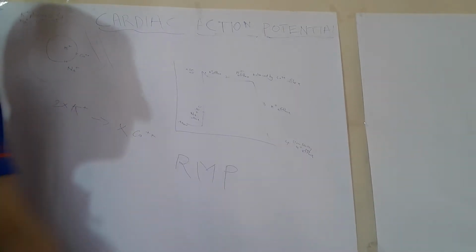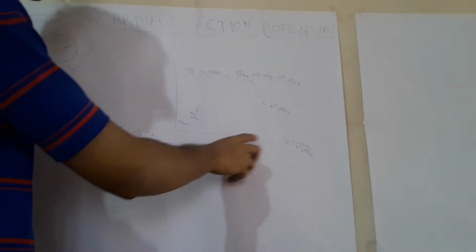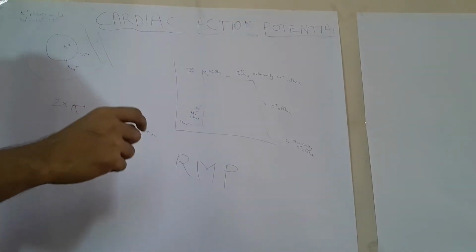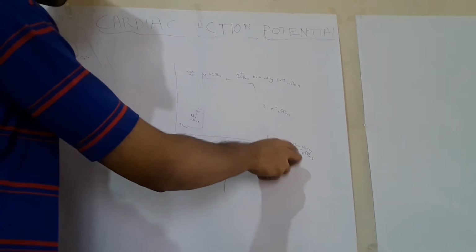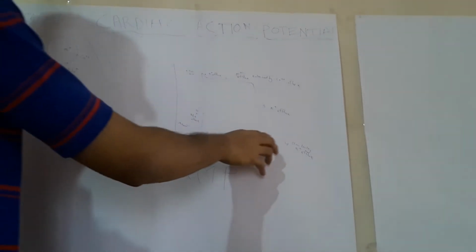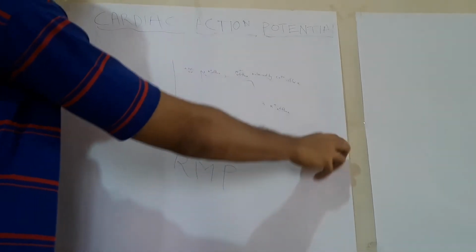Now these potassium channels always stay open till the next sodium influx begins due to electrical stimulation. Till that point, these slow leaky potassium channels will remain open and another cycle will begin.